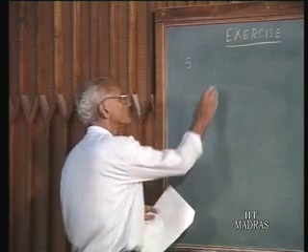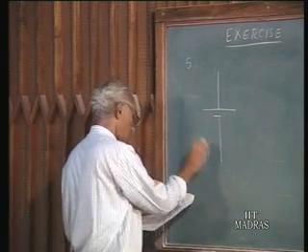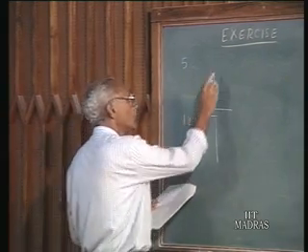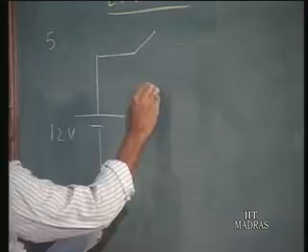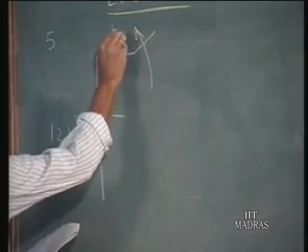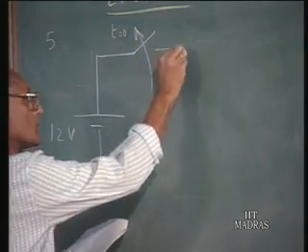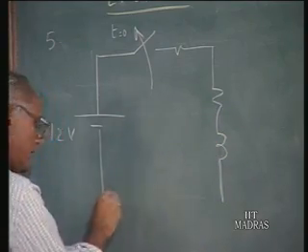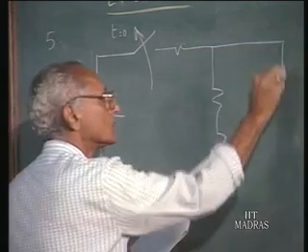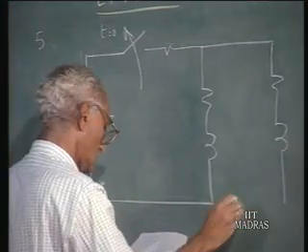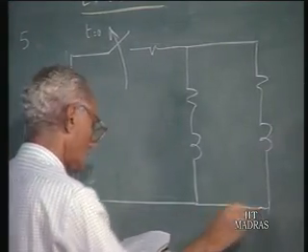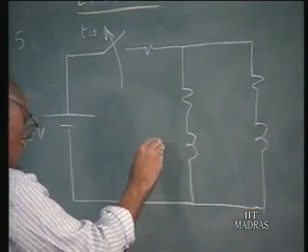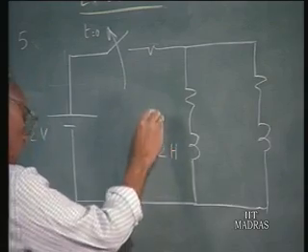Fifth problem, 12 volts. The switch is opened at t equals 0 after a long time, and you have a circuit in which you have two inductors. This is 2 henries, 4 ohms.